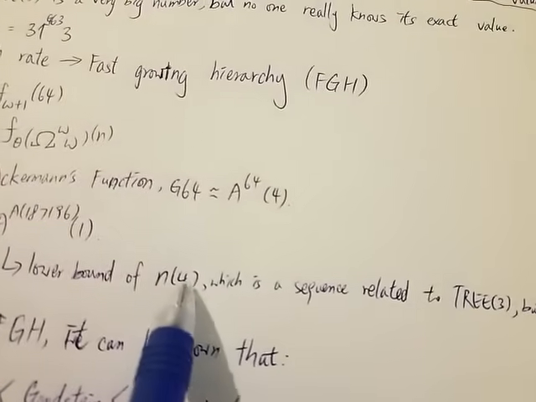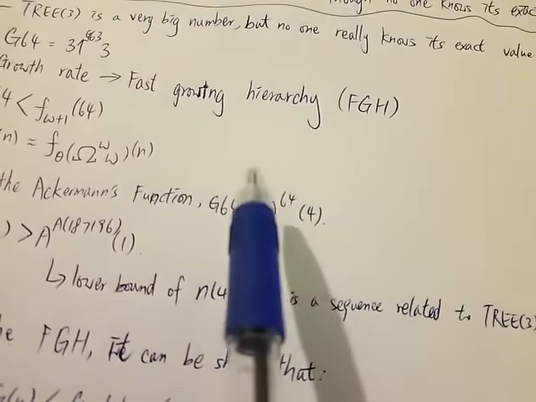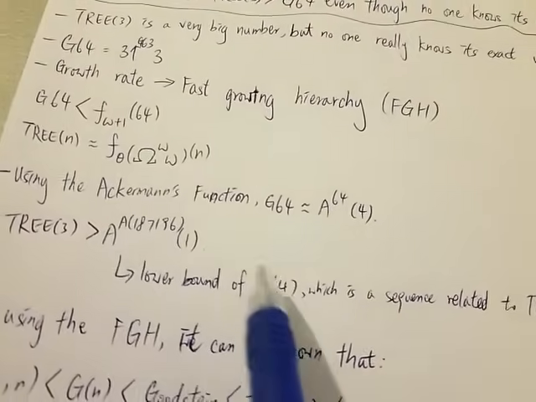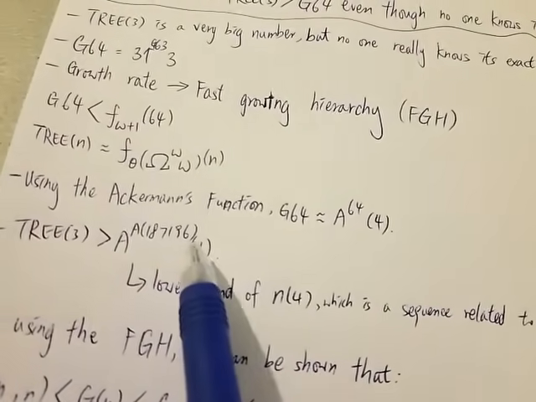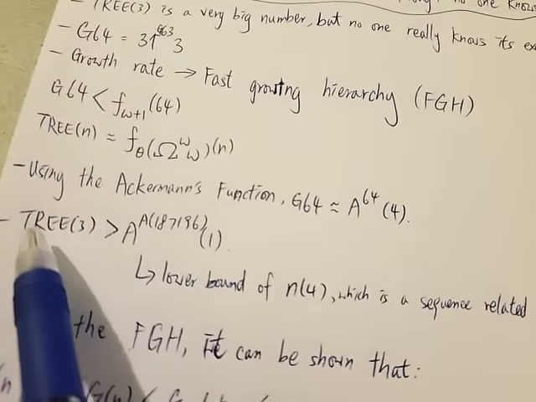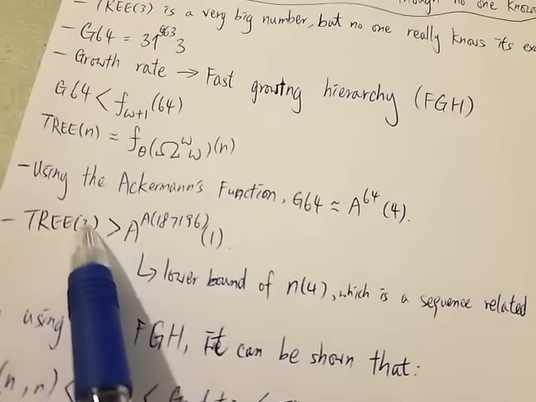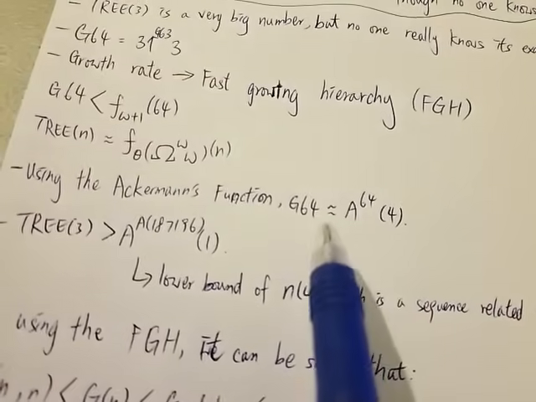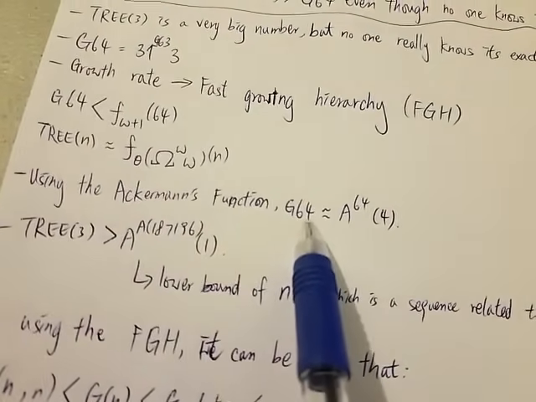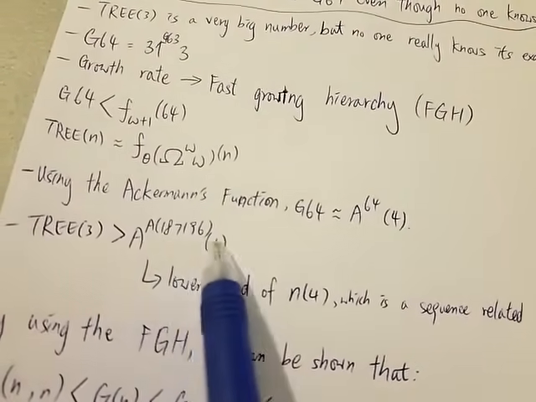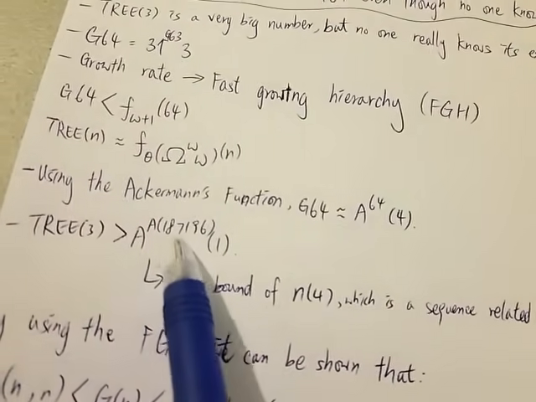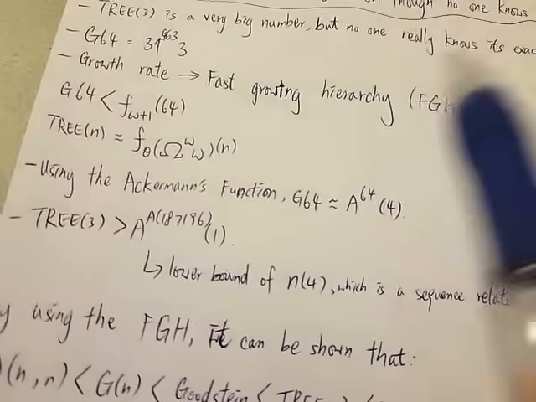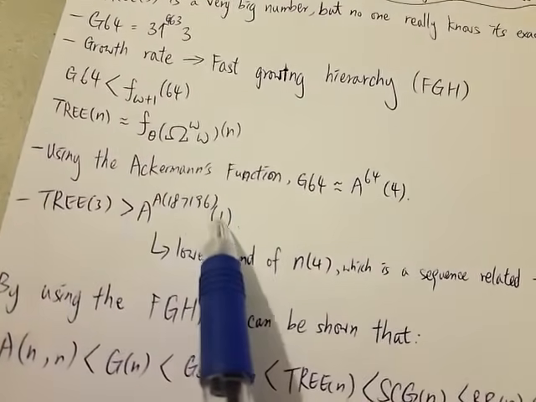But n(4) is already much bigger than Graham's number. That's why this number here is also used as a lower bound for TREE(3), because TREE(3) is known to be much bigger than n(4), and n(4) is much bigger than Graham's number. So although this number is much bigger than Graham's number, it's a very, very weak lower bound for TREE(3). We just know that TREE(3) is bigger than this.